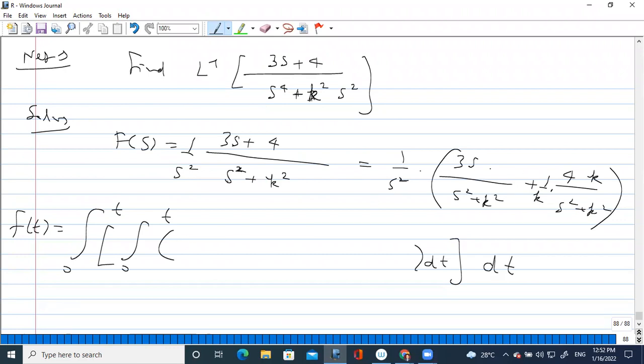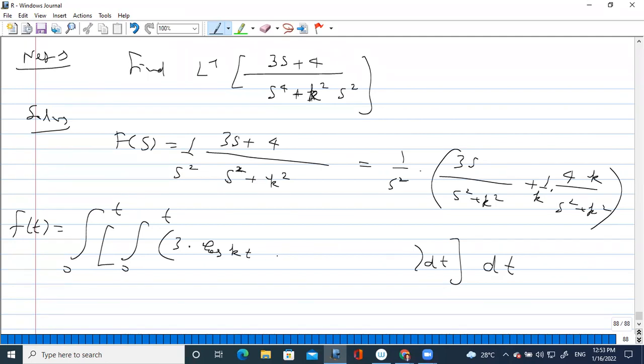In that you keep all this function. Okay, so this is 3 into... now tell me what is the f(t) for that. This integral part I have done, just the f(t) part I have to put here. So the f(t) part for s by s square plus k square will be cos of kt.